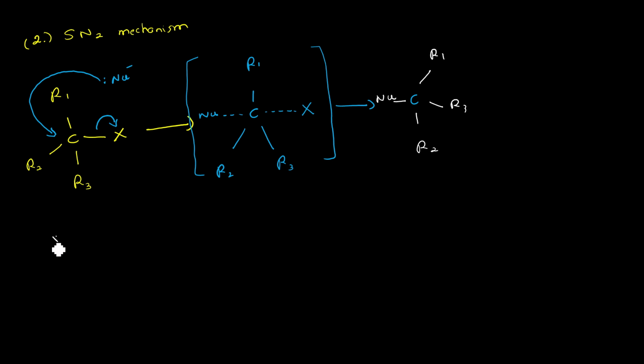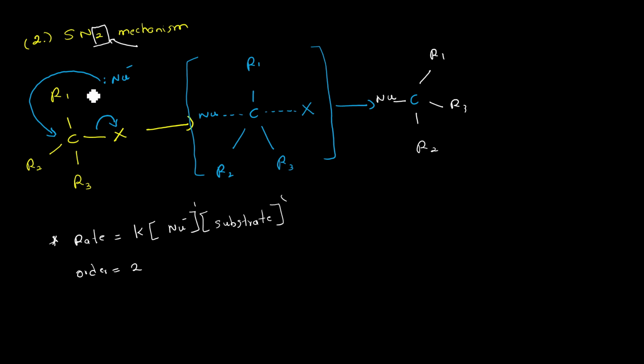If you write the rate expression, you can see there are two components involved in the step. So your rate expression should be like this: nucleophile concentration and substrate. If I ask you what the order is, the order is 2. Here you have first order in each, and the overall order of the reaction is 2, which is what this number shows.